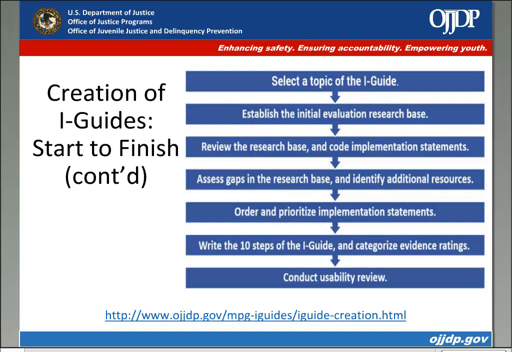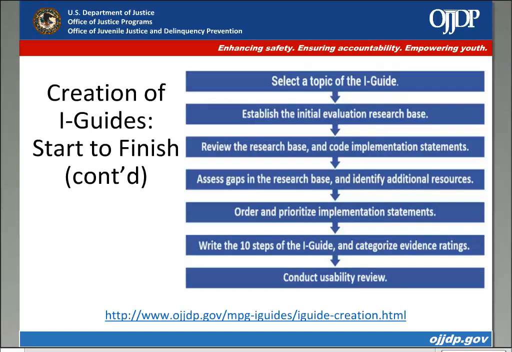And then next, and probably most importantly, we actually pull out examples from the research that relate to the recommendations we're giving. So for example, if one of the action-oriented recommendations has to do with identifying a program champion, we try to pull out an example from the research to show what that might look like or how that was done or what the process may have actually looked like. We also search for any related resources or links that can also be included in the I-Guides.